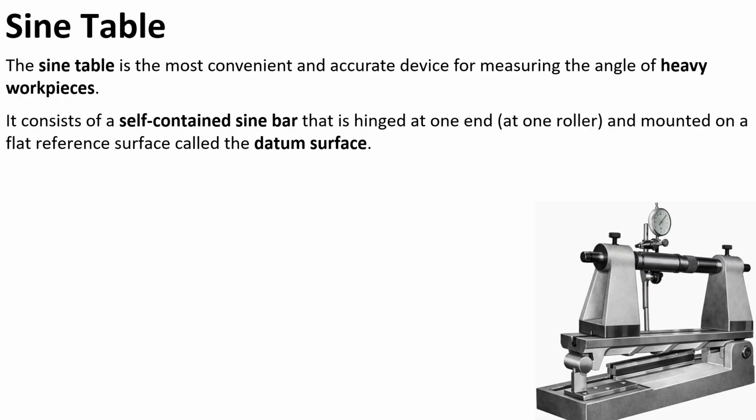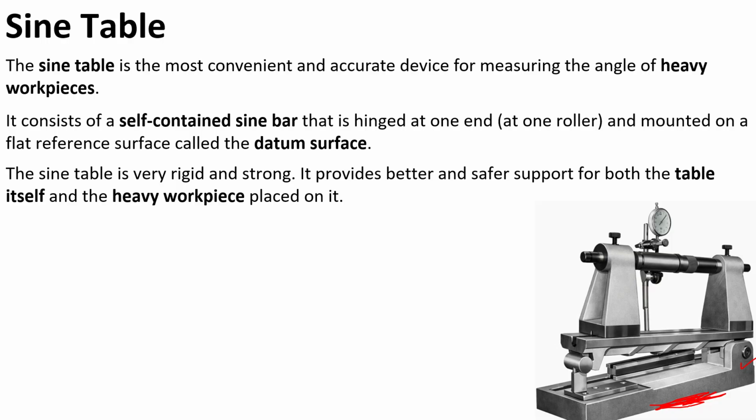So in the schematic you have to observe that it consists of the self-contained sine bar, which is hinged at one end and mounted on a flat surface. We call this the bottom surface.